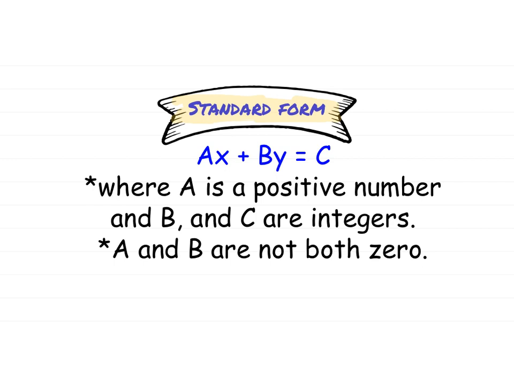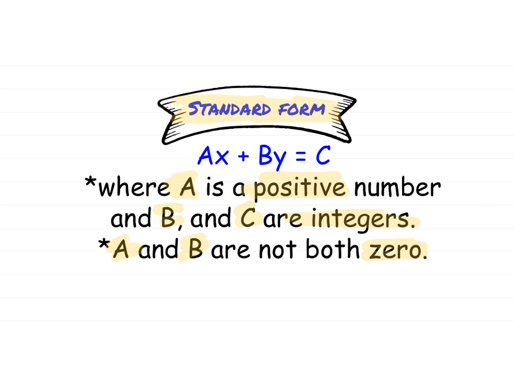Yes, let's highlight it. It is Ax plus By equals C, where A, note, is a positive number, and B and C are integers. A and B are not both zeros, so we need to always keep that in mind.